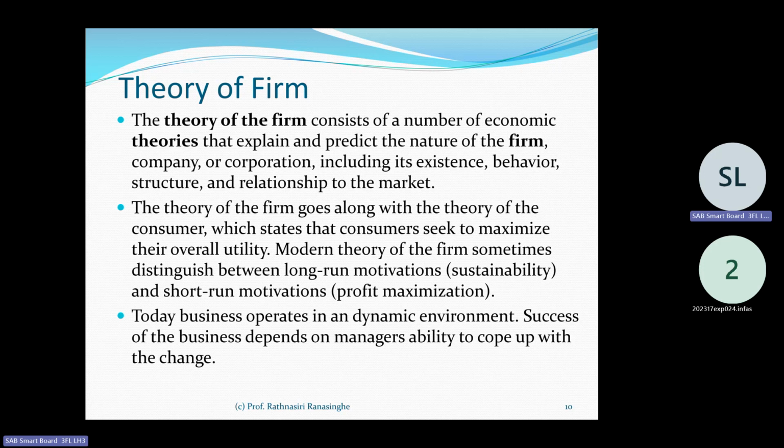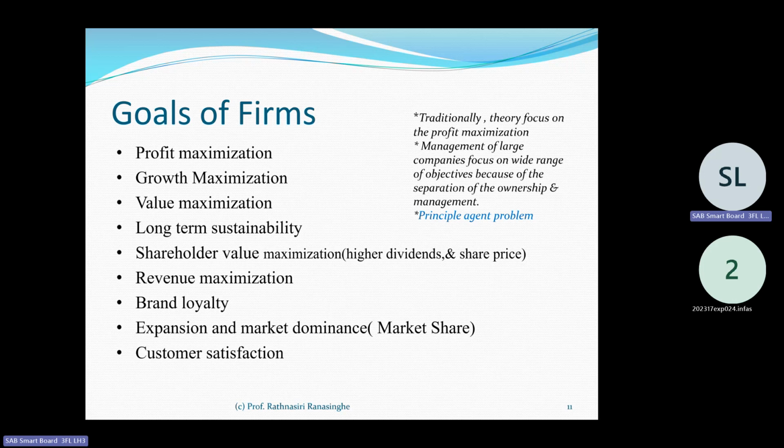Anyway, now the area of the firm. Basically, we talk about cost, revenue, and profit maximization. That is the area of the firm. Now, as I told you, the goals away from profit maximization may be growth maximization, and value maximization.